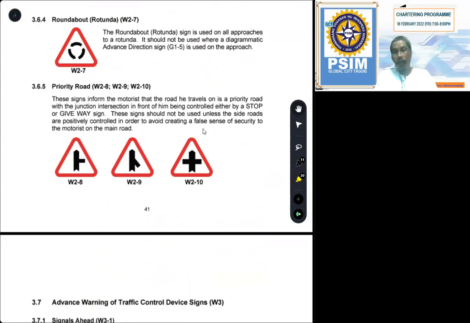If there is already an advance direction sign, G1 is fine, which we will discuss in a later module, so there is no need to use this. This is for the information of the driver that there is a rotonda ahead.